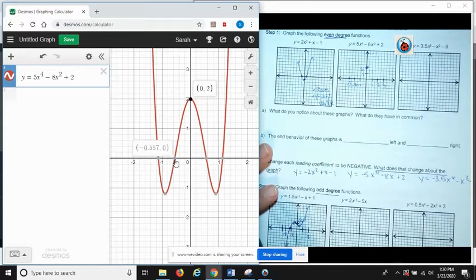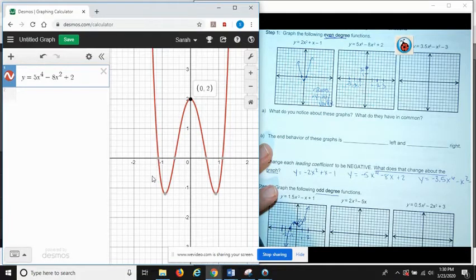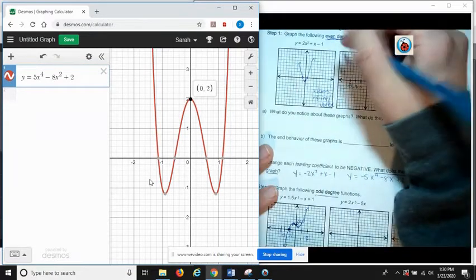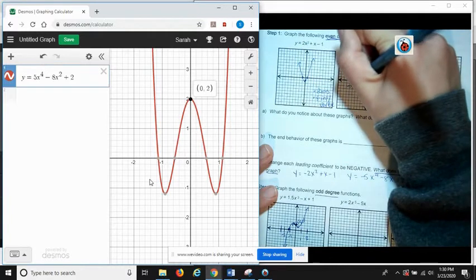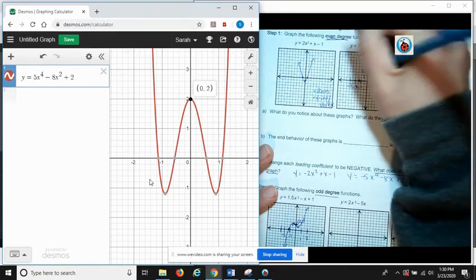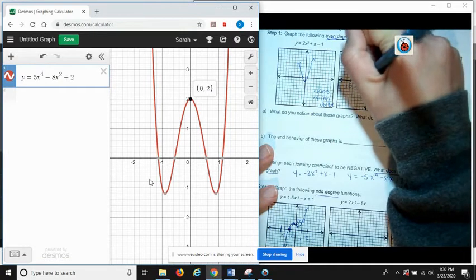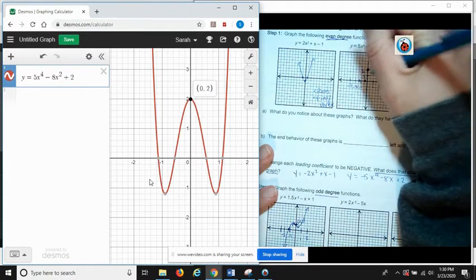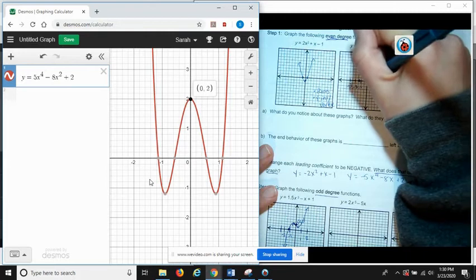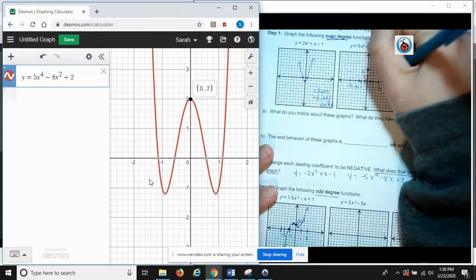Let's see, my x-intercepts are kind of weird. Let's see when these are. Well, we're going to go ahead and mark them. So a little bit past -1, I'm going to have an x-intercept. Then a little bit smaller than -1/2, I'm going to have one there. And then it's symmetric, so I should have the same sort of thing on the right-hand side.